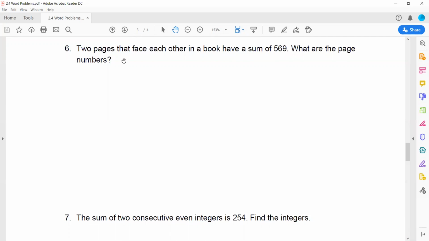But if you think of a book, beautiful drawing of a book here. If the left side of this was page 20, the right side is 1 page later, so it's 21. We don't know what our page numbers are, so if I call the left side x, then the right side is 1 more, so it's x plus 1.